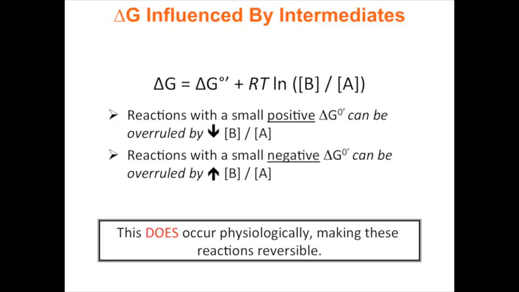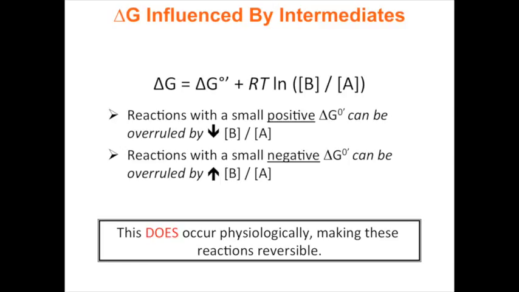You can think of it as a dam holding back the flow of a river. If there hasn't been much water building up behind the dam, there isn't much pressure for the river to flow forwards. But if you have a large volume of water behind the dam, then there will be a large pressure pushing the river forward. And we can harness that to do work, like making energy by passing it through turbines. Here it's a similar situation where if we have a lot of substrates, that will push the reaction forward.